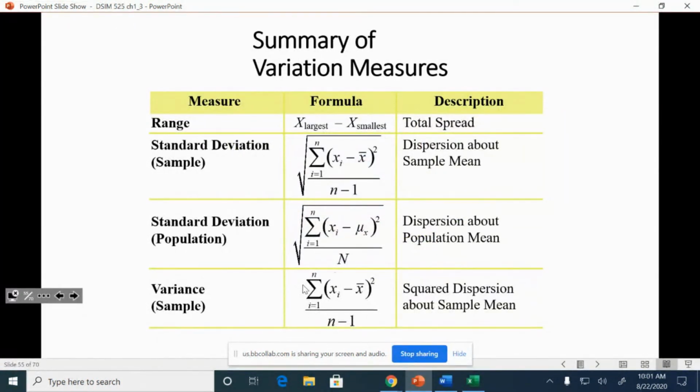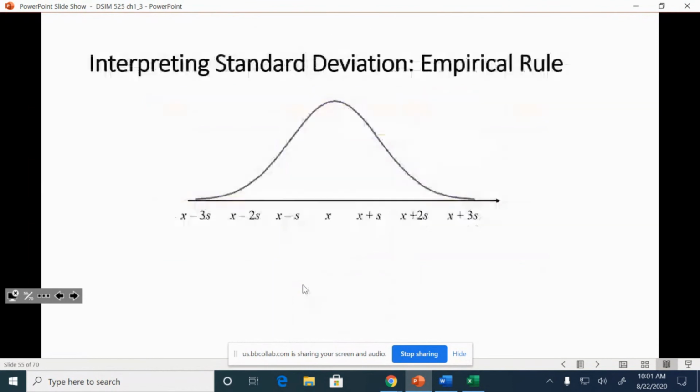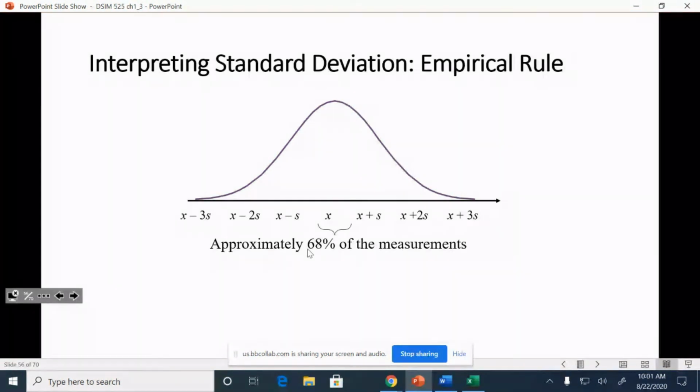So these are the formulas to calculate the measures of dispersion. I think it should have been further up, but I'll show you how to do these in Excel so that you don't have to calculate them by hand. So what I said a second ago about different standard deviations: within one standard deviation, we account for 68% of the data.